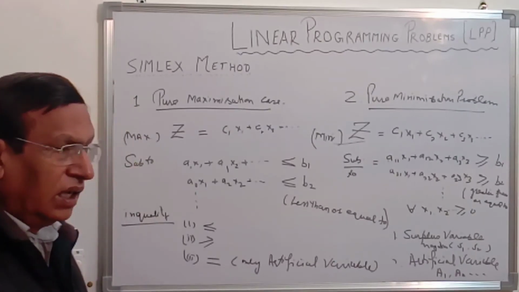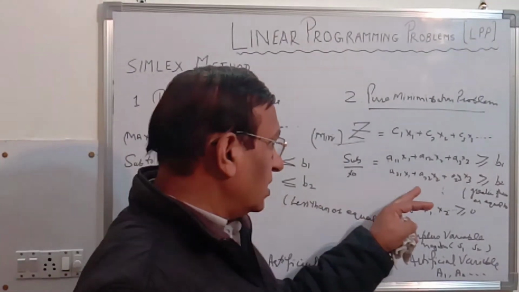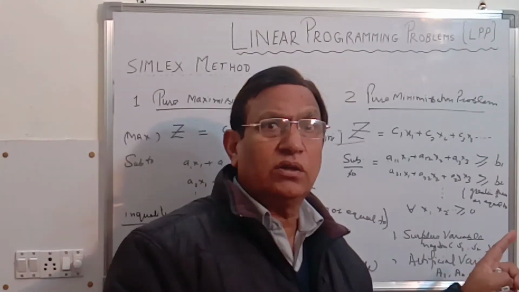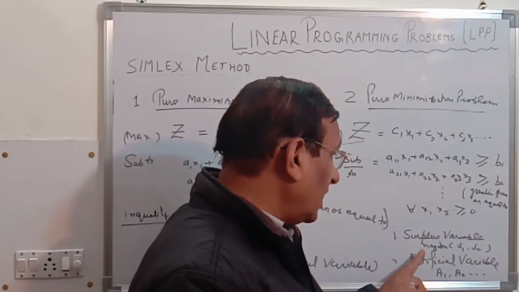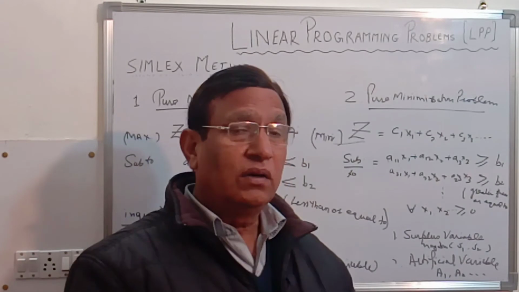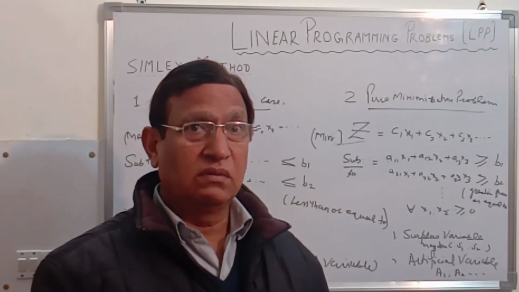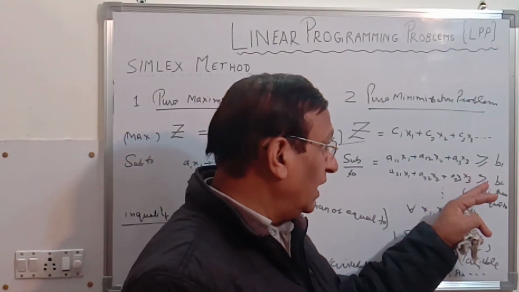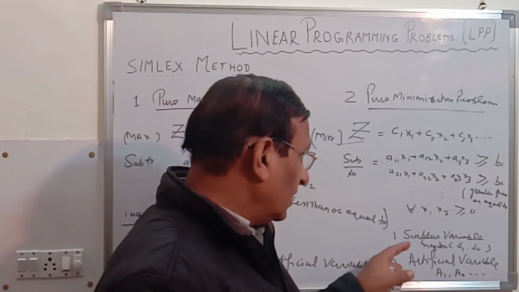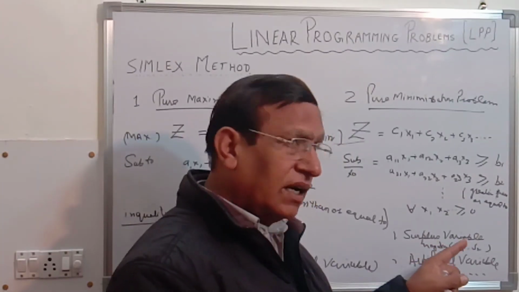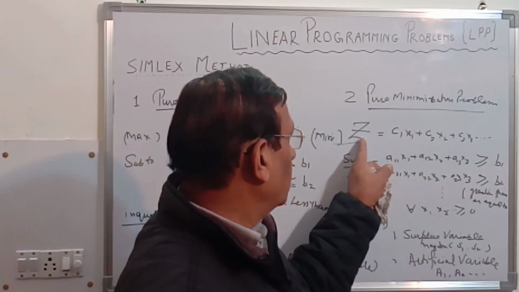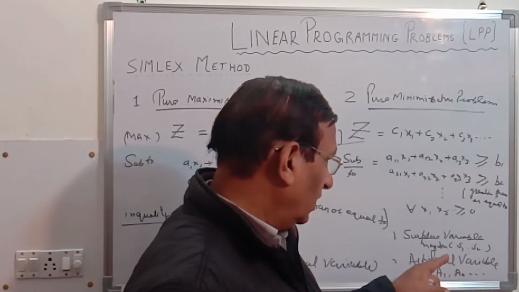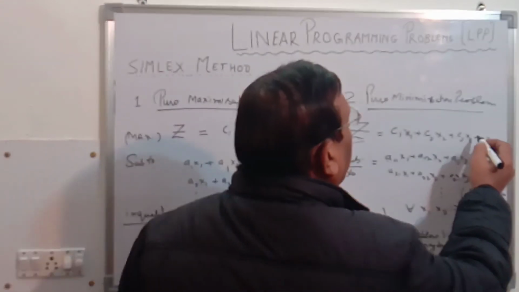Please note, if the equation or the constraint is greater than or equal to type, then surplus and artificial both will come together. When the equation is greater than or equal to type, then surplus are negative. So surplus are added into the objective function with zero coefficient. Let me show it.